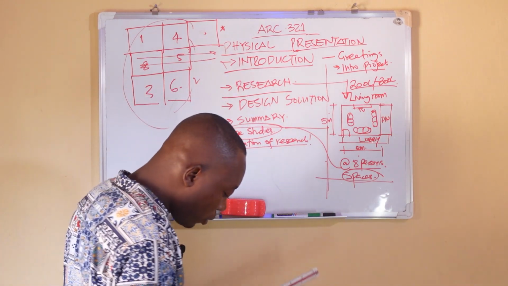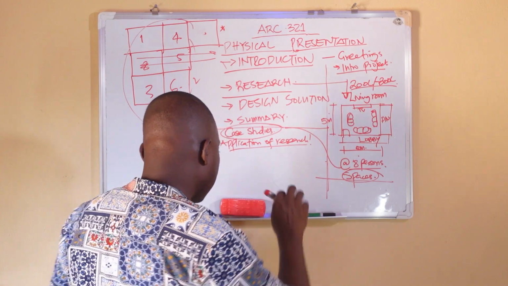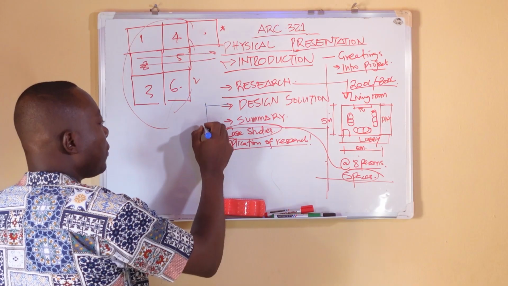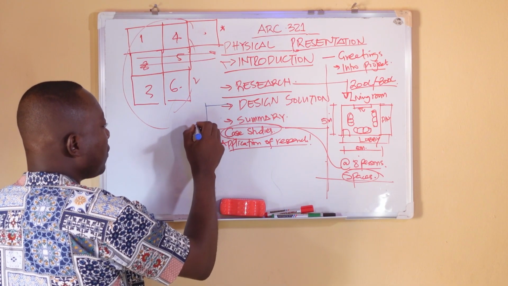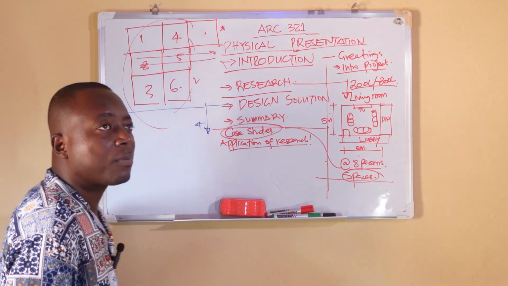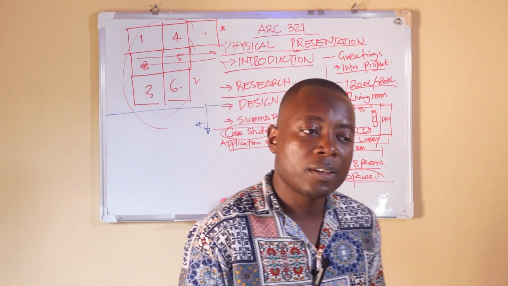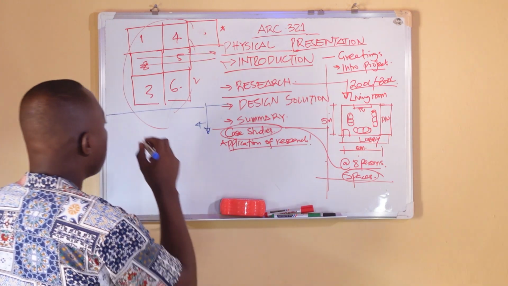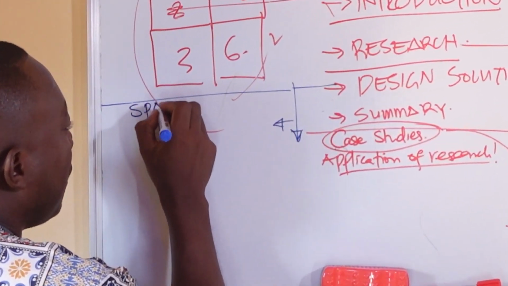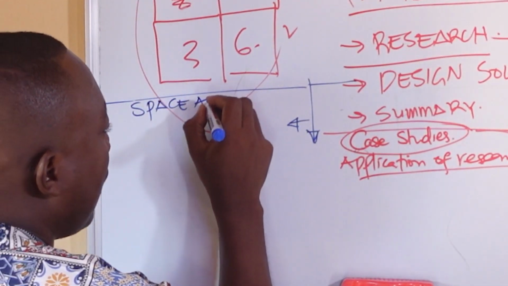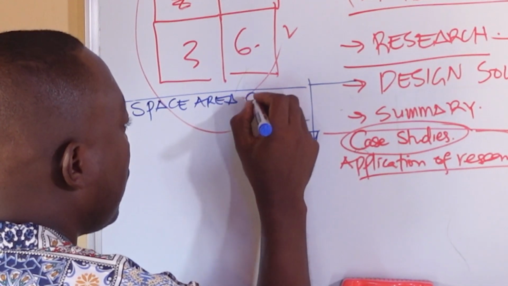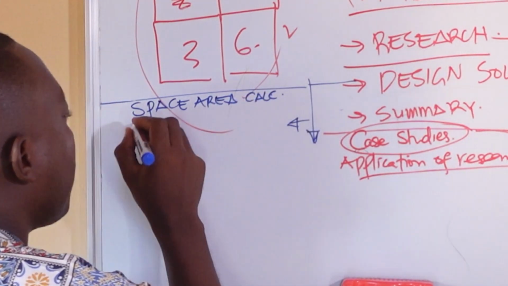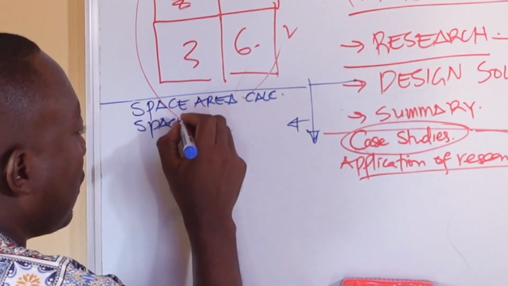And so your design solution, in this case, starts with, I'm a little bit torn if this is part of the research phase, but it could be. We have space area calculations or derivations, and you have space relationships, metrics.